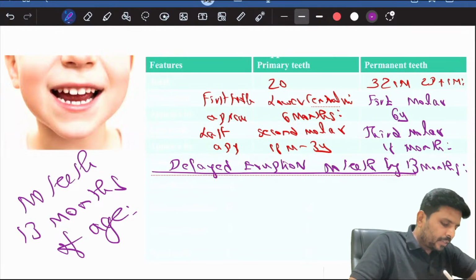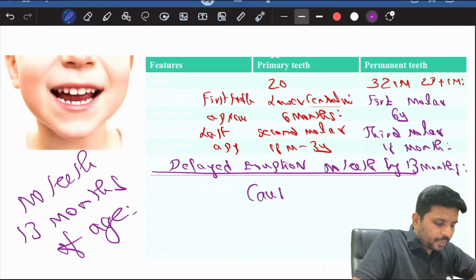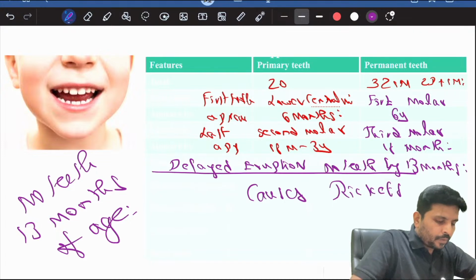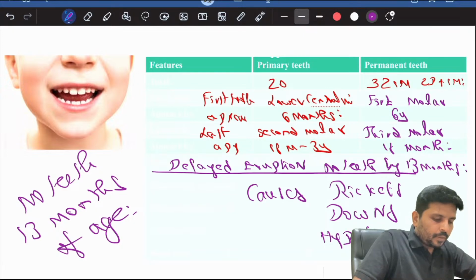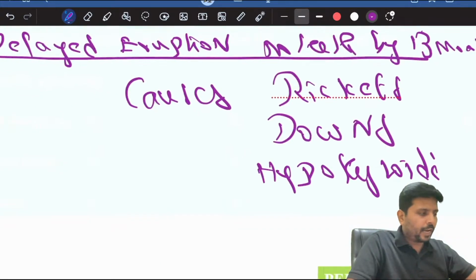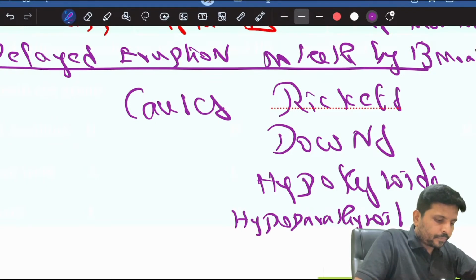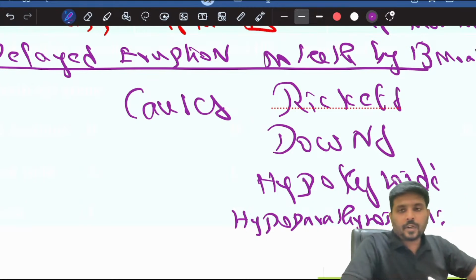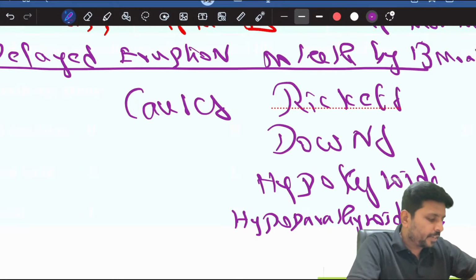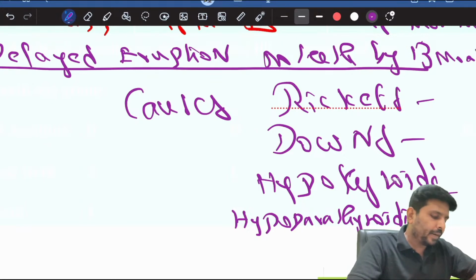And what are the causes for delayed eruption? The causes are rickets, Down syndrome, hypothyroidism, as well as hypoparathyroidism.